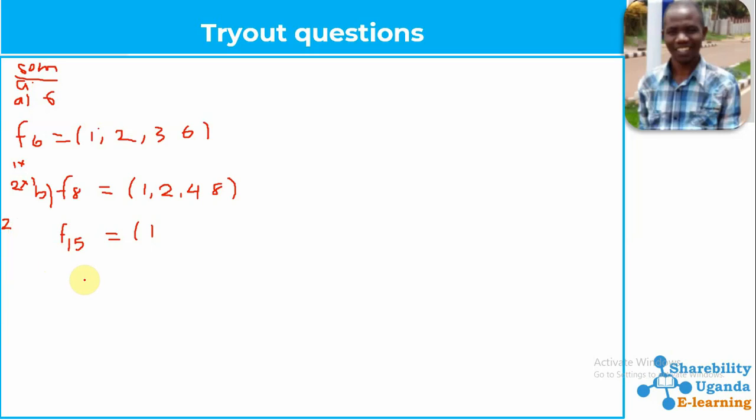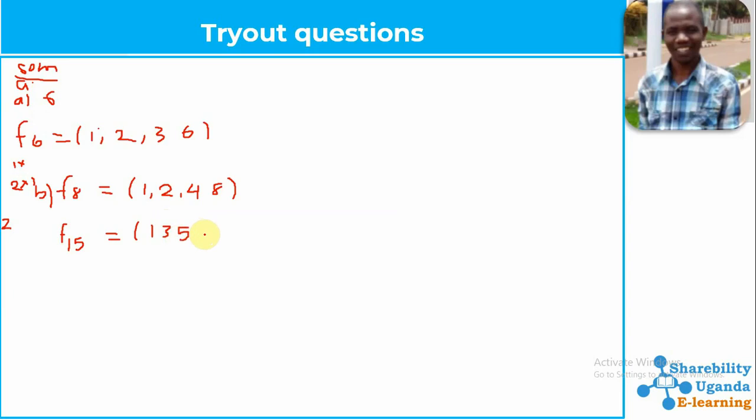Which number can be multiplied by 3 to get 15? 3 times 1, 3 times 2, 3 times 4, 3 times 5, we get 15. So we have a 3 and also a 5.